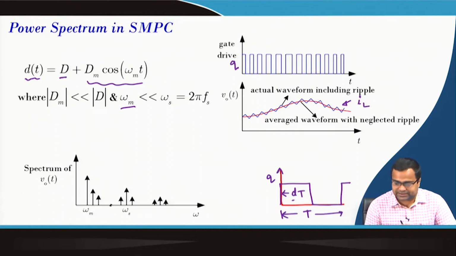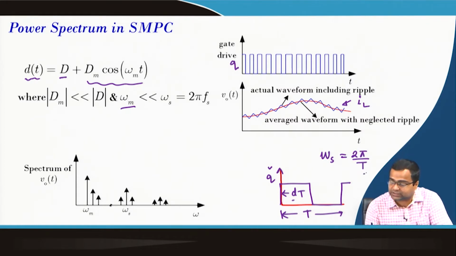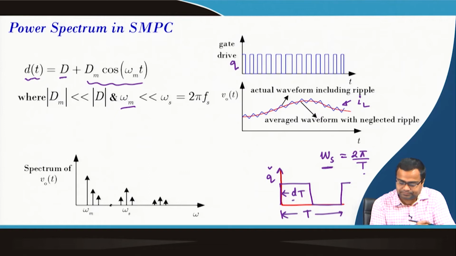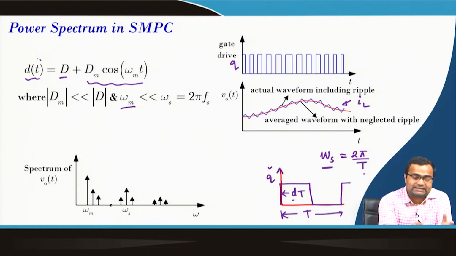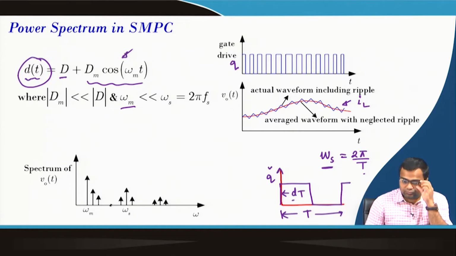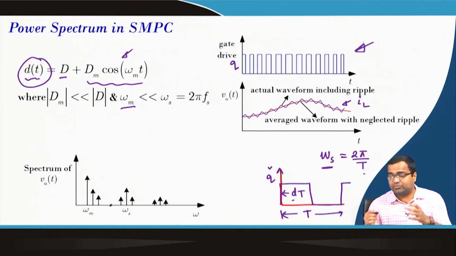If you draw the power spectrum of this converter, where we have considered a periodic signal Q with time period T, omega s is 2 pi by T, where T is the time period. That is my switching frequency in radians per second. We also have a modulating frequency, because the gate signal is modulated using a sinusoidal excitation. Then what will be the resultant frequency spectrum of this gate signal?